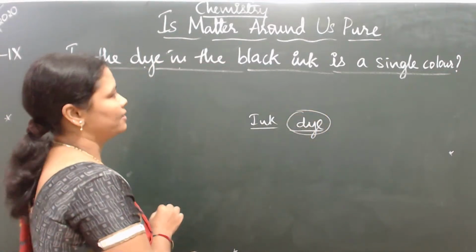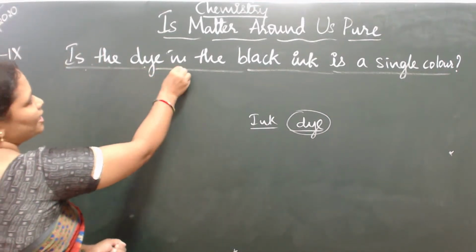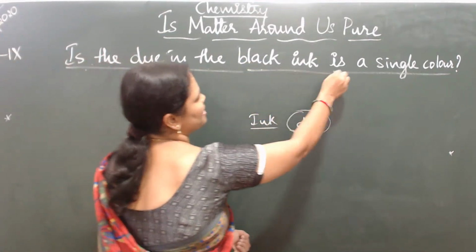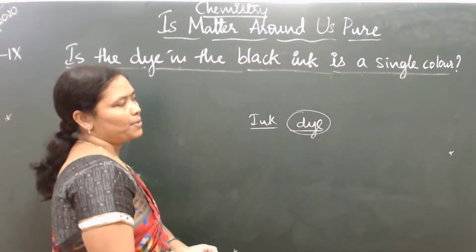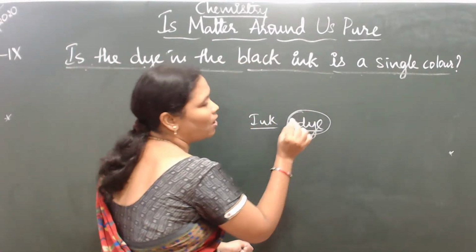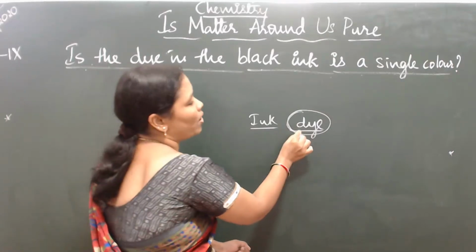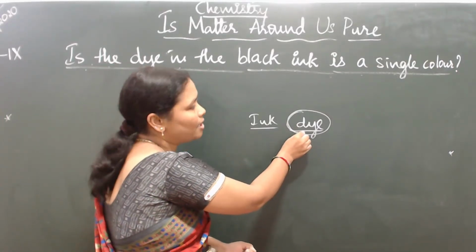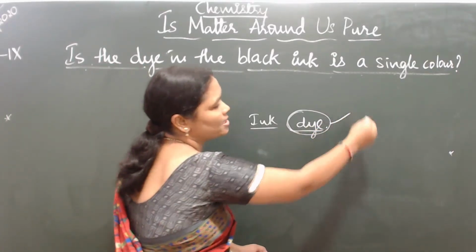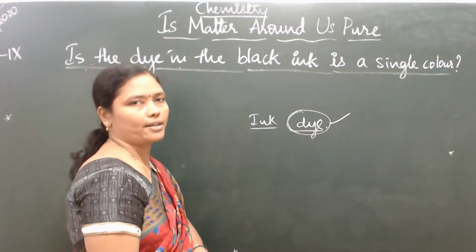Here the question is: is the dye in the black ink a single color? Here we have to identify whether the dye we obtained is made up of a single color or not.